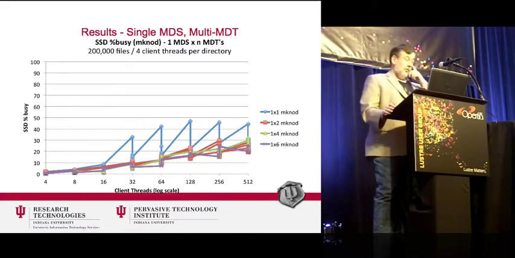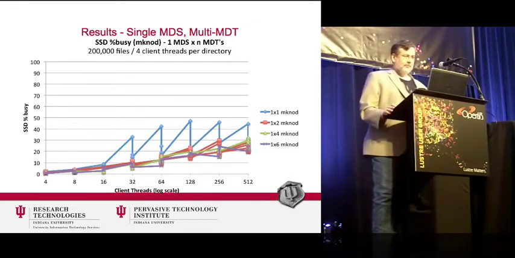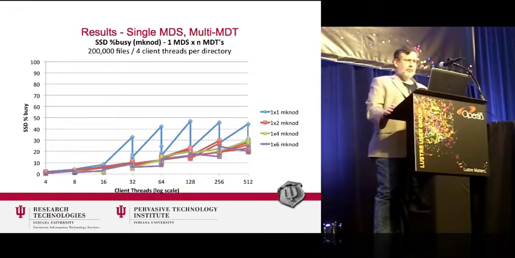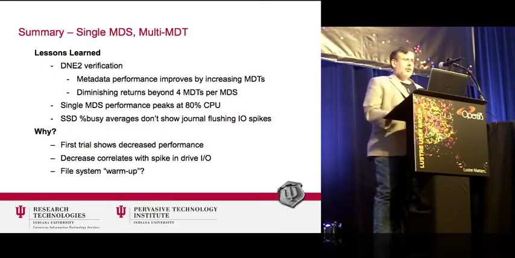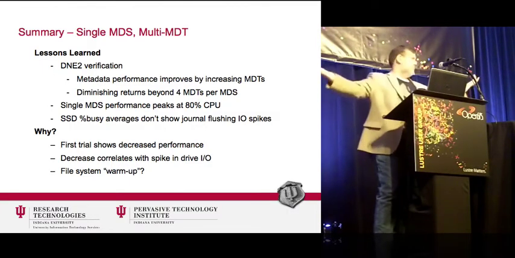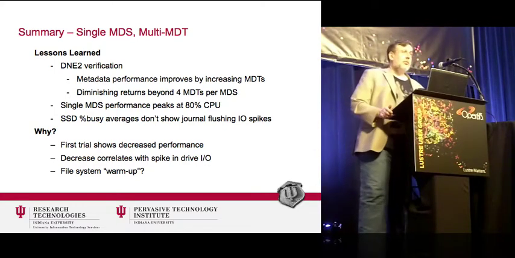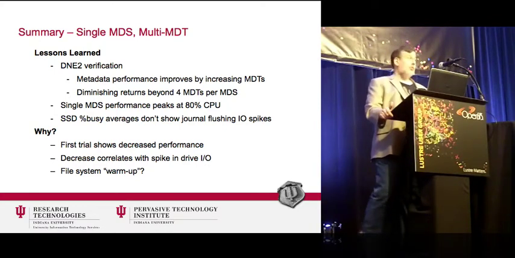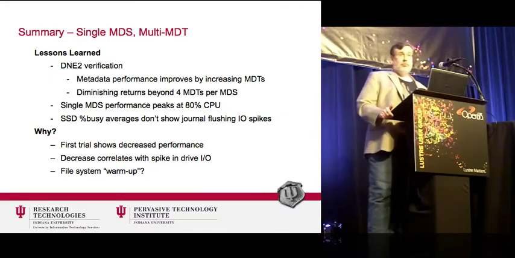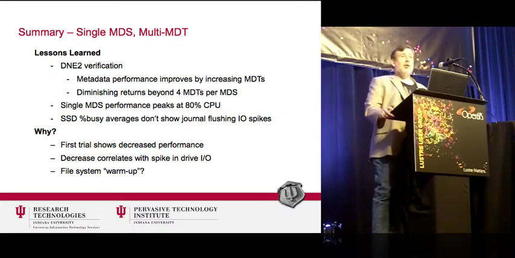These are averages, so you don't really see the bursty behavior. At the baseline, you add MDTs and performance increases, but beyond 4, you get diminishing returns. Frankly, performance is not stellar, but adding MDTs does help some.